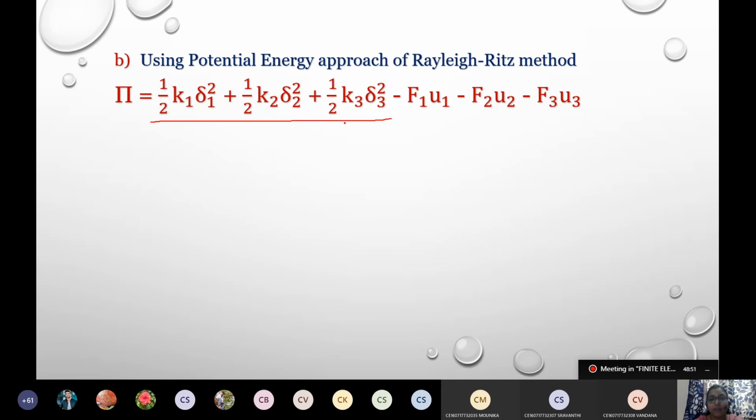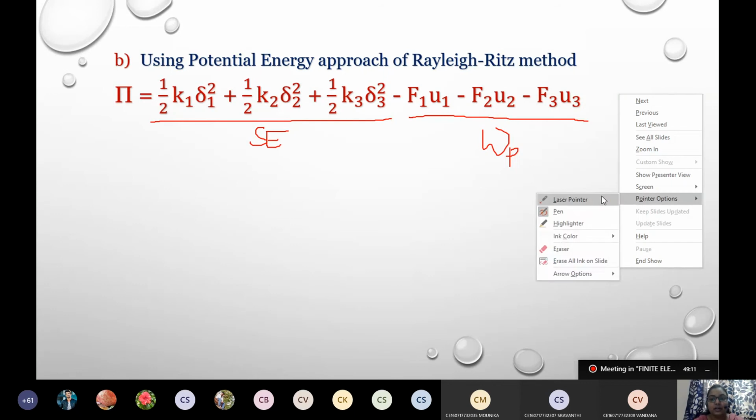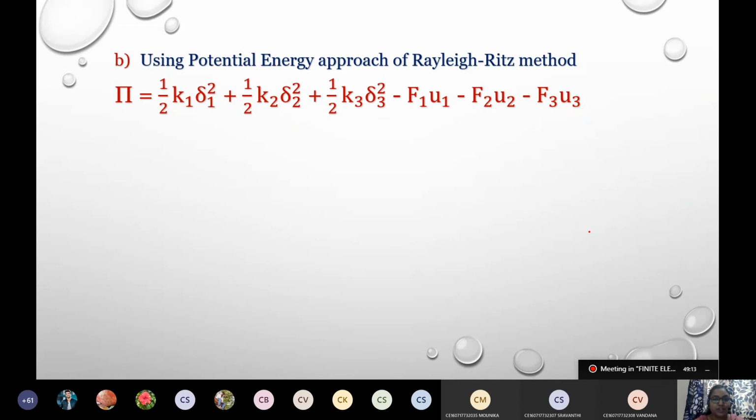How this one has come? We have already seen in the derivation. All right. And the other 3 with respect to the external forces and its individual extensions or displacements of the nodes. So this comes under work potential and this comes under strain energy.